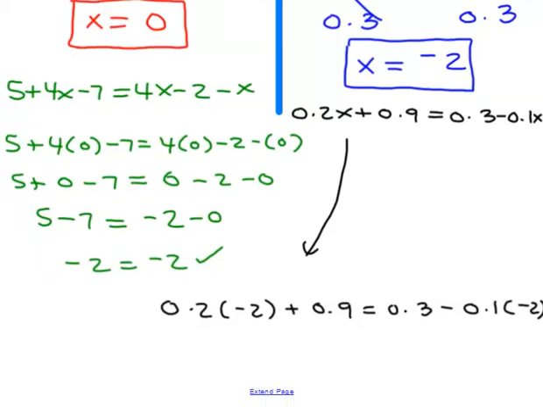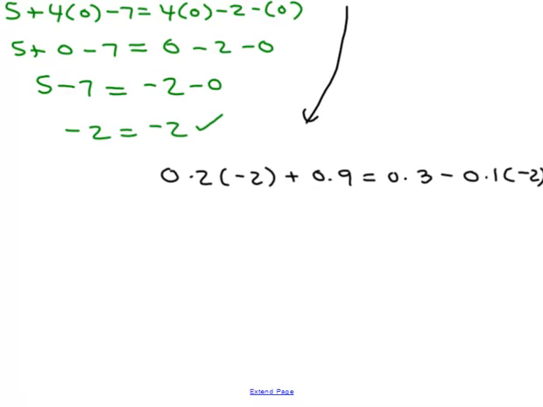All right, so 0.2 times negative 2 is going to be negative 0.4 plus 0.9, 0.3, and then negative 0.1 times negative 2 is going to be positive 0.2.